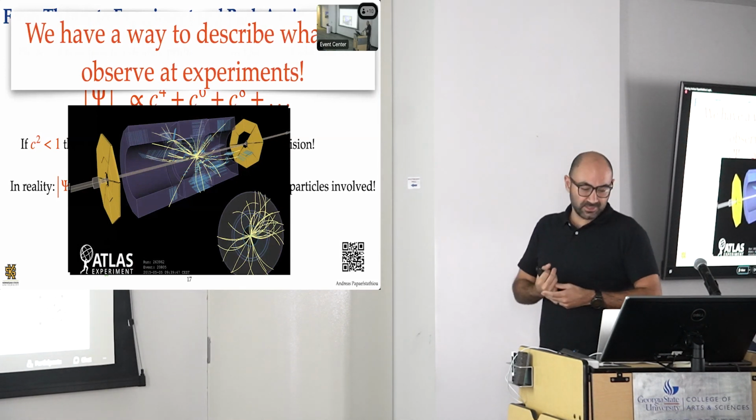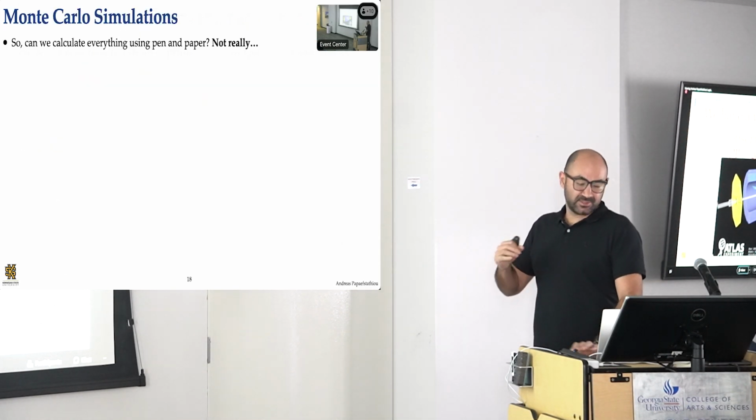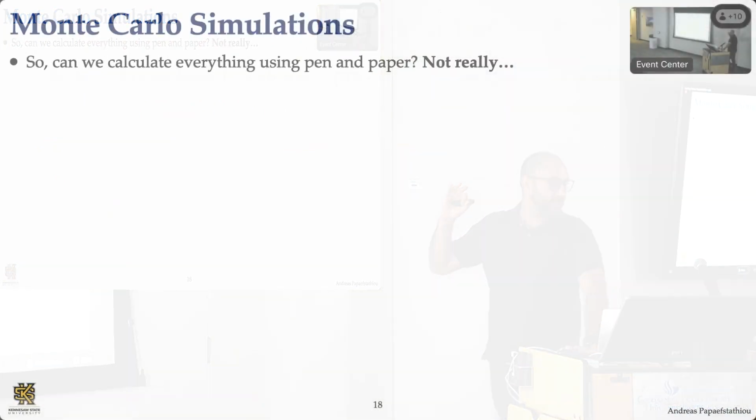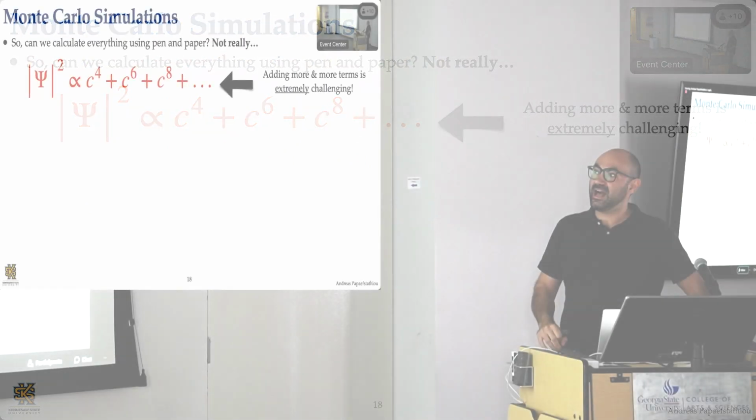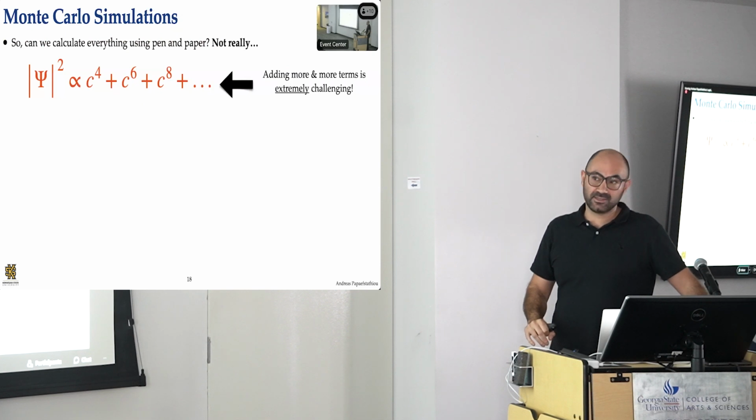Maybe you can say, okay, give me a piece of paper and I can calculate probabilities. However, it's not possible to do this on paper, and there are basically two reasons. In principle, you can truncate this series, but if I ask you what is the next term, the number of diagrams you can draw grows really fast, so it becomes very difficult to calculate additional terms in this series.